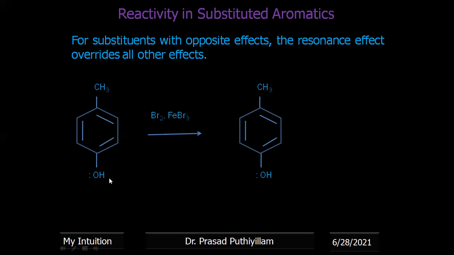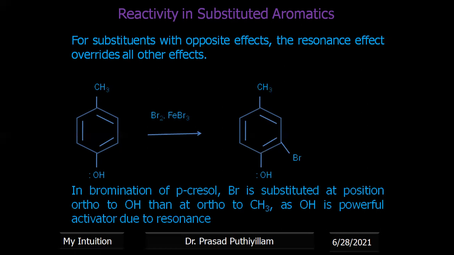One group, the OH group, is electron donating with resonance stabilization. CH3 is electron donating through the inductive effect. Therefore, above the inductive effect, the resonance effect overrides. Therefore, Br substitution takes place at the ortho position to the hydroxyl group.